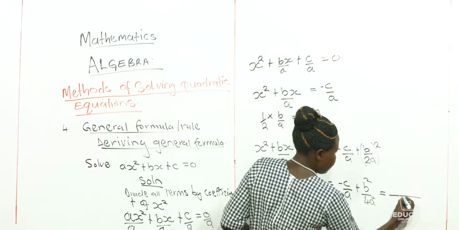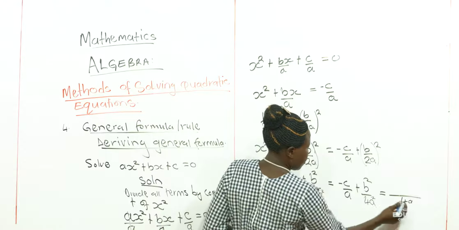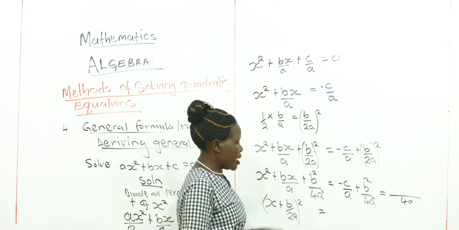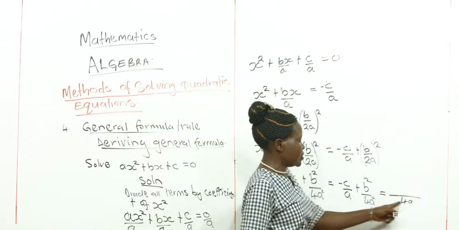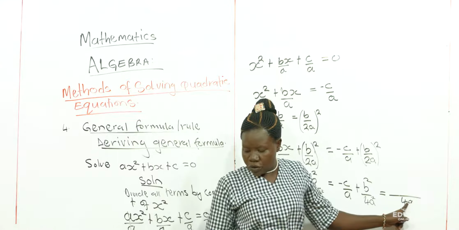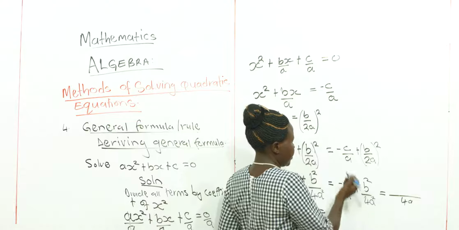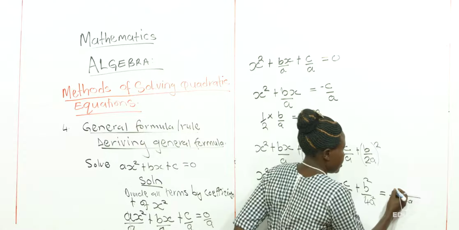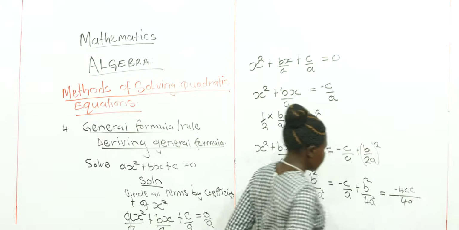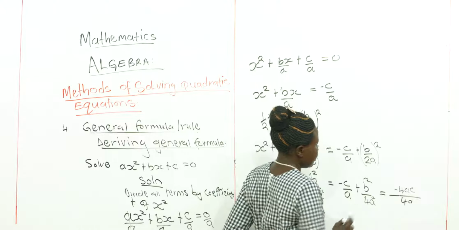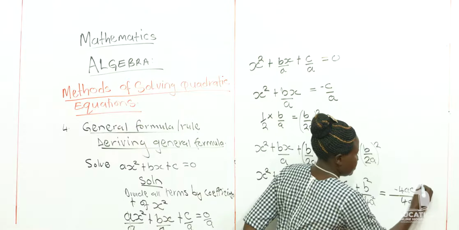So we shall have 4a here, and 4 comes to here, it will give us 4a, and because we take this as 1, and we take 4 as 1, it will give us 4 times c, we get negative 4ac. And then here it will be 1, and times that, it will give us plus b squared.